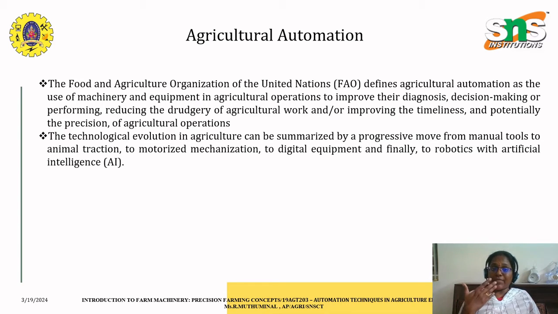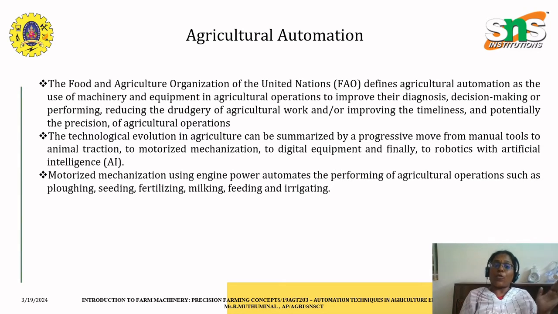Usually, the technological evolution has gone from digital equipment to robotics with artificial intelligence, and also motorized mechanization using engine power, which automates agricultural operations such as plowing, seeding, fertilizing, milking, feeding and irrigating.